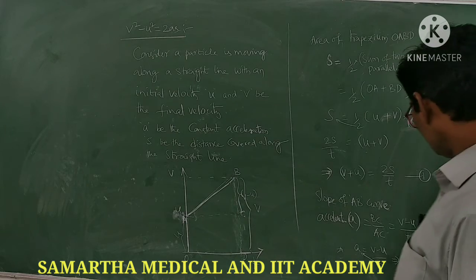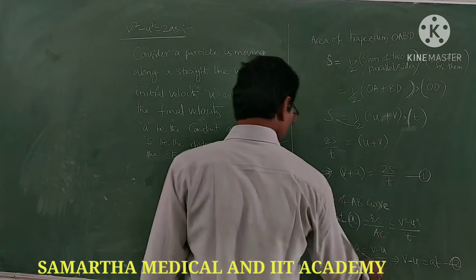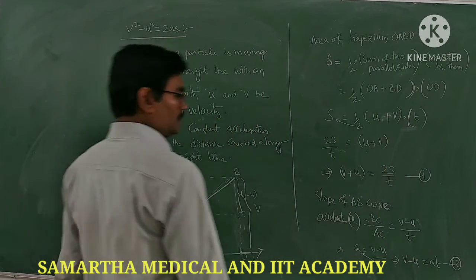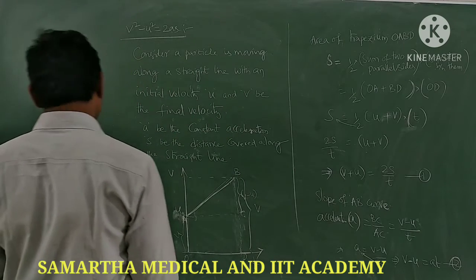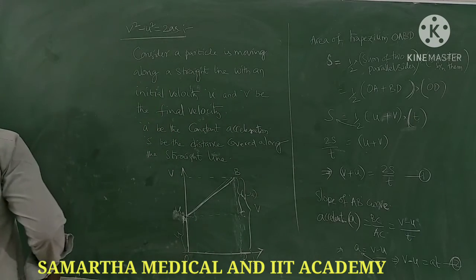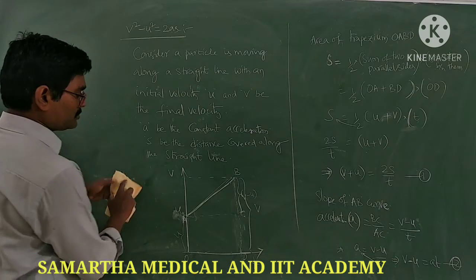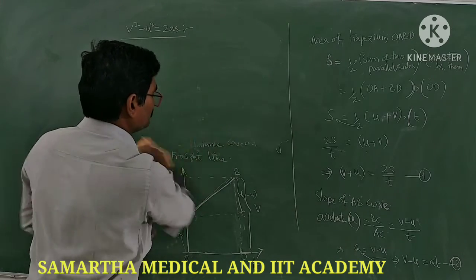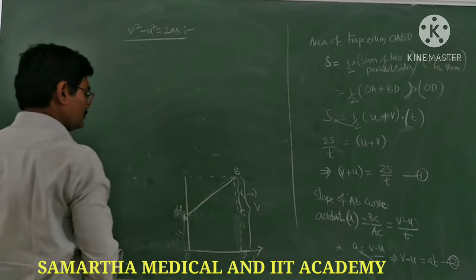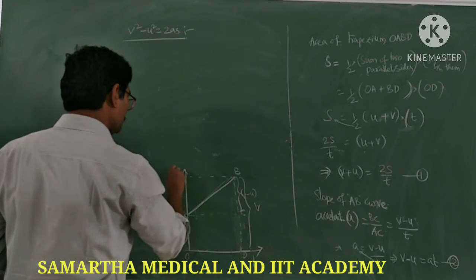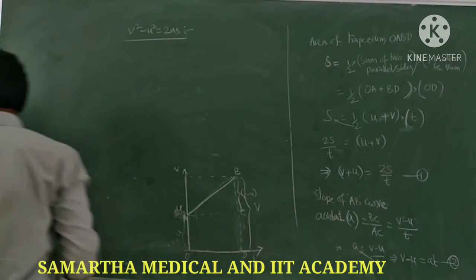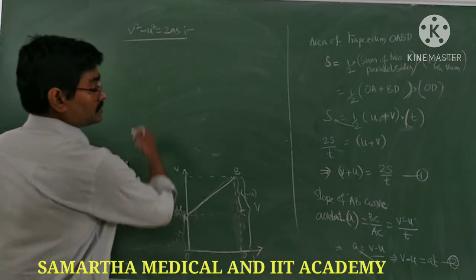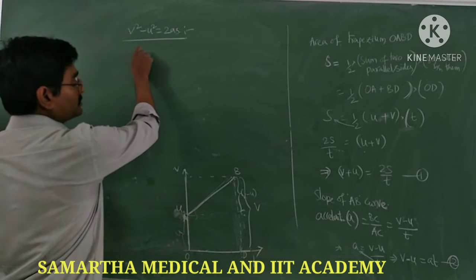Now, you multiply 1 and 2 on left side and right side. So first equation is first into second.